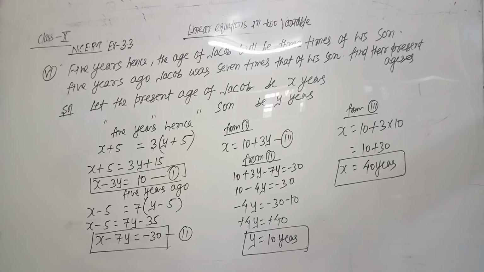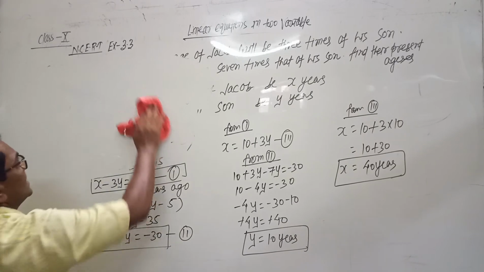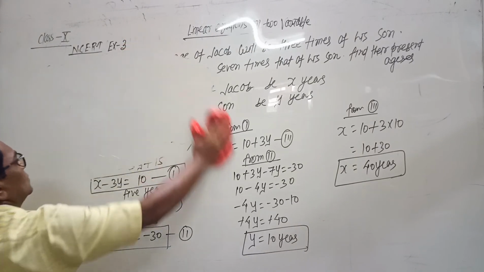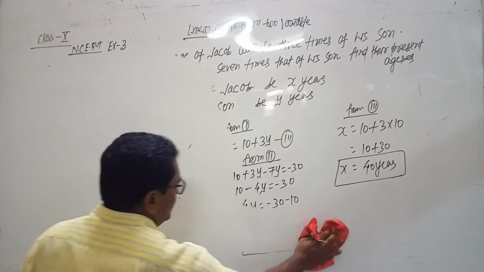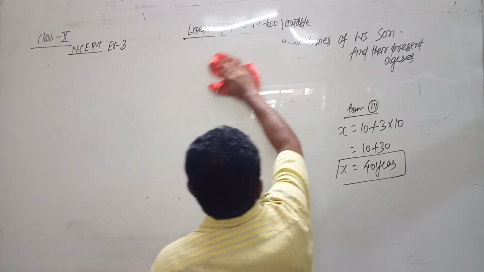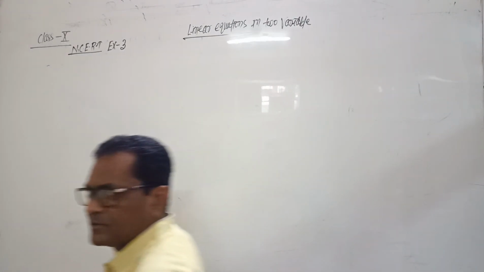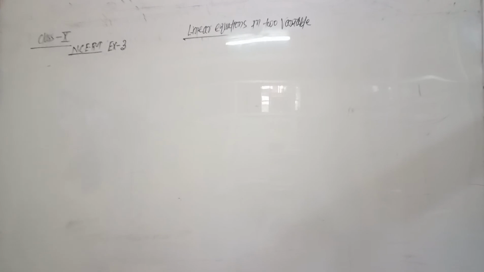Now we start 3.4 exercise. Solve the equations by elimination method and substitution method. So already we have done the substitution method. Now the questions of exercise 3.4 will be solved by substitution or elimination method. We will solve the questions by elimination method of exercise 3.4.